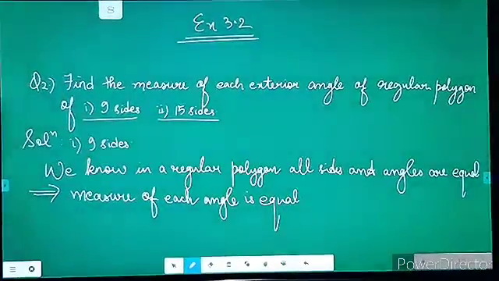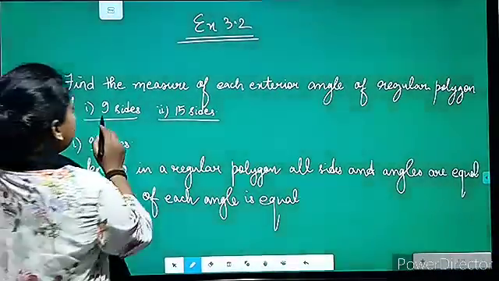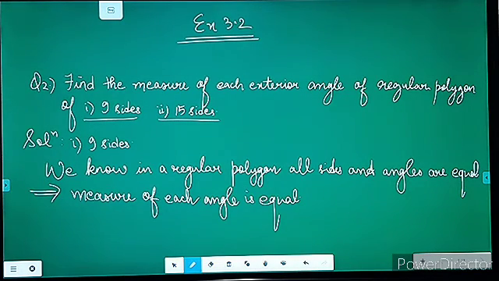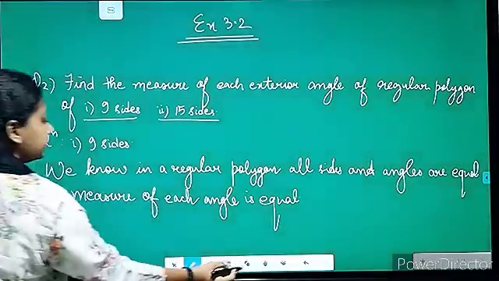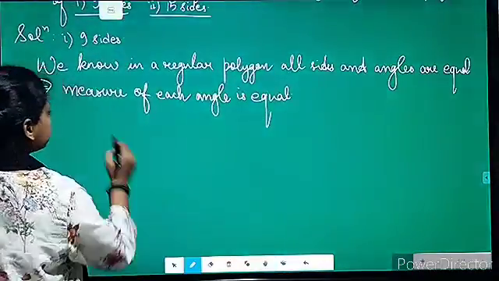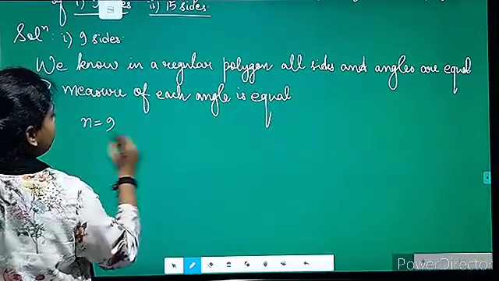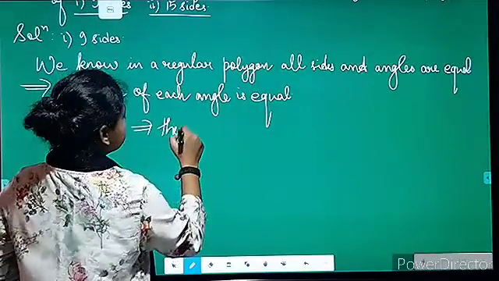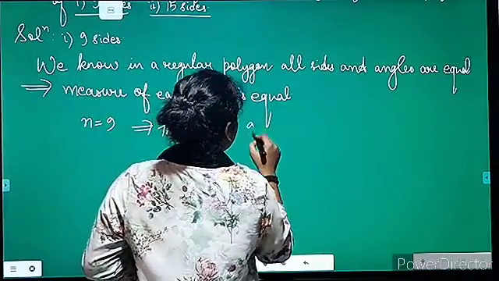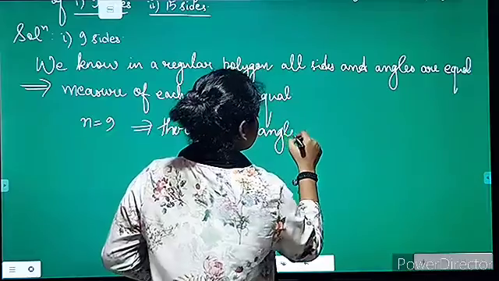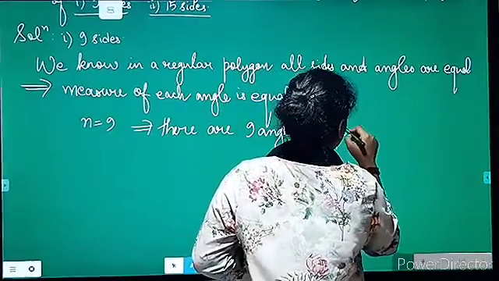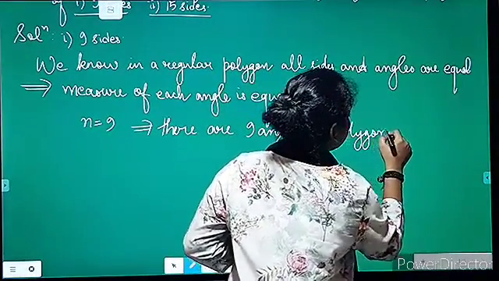That means all the angles are of equal measure. A 9-sided polygon will have how many angles? A 9-sided polygon will obviously have 9 angles. N equals 9. This implies there are 9 angles in the polygon. Our polygon has 9 angles.